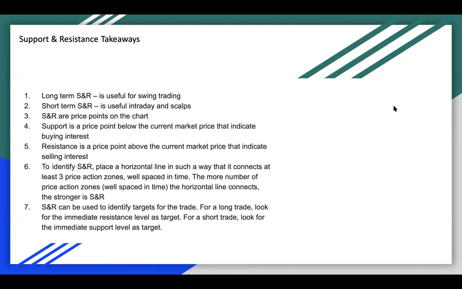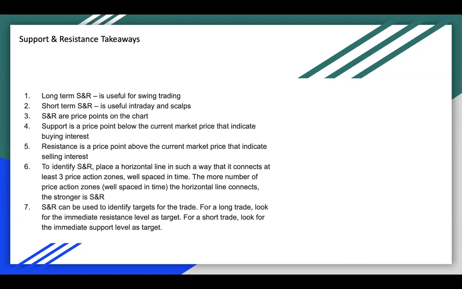When you're looking at a time frame, the number on the left side, if it's more than for example 100 days, or more than 200 days, that's long term. When you're looking at a 5-day 5-minute chart, that's not long term, that's something very recent. So short term support and resistance is useful for intradays and scalps.